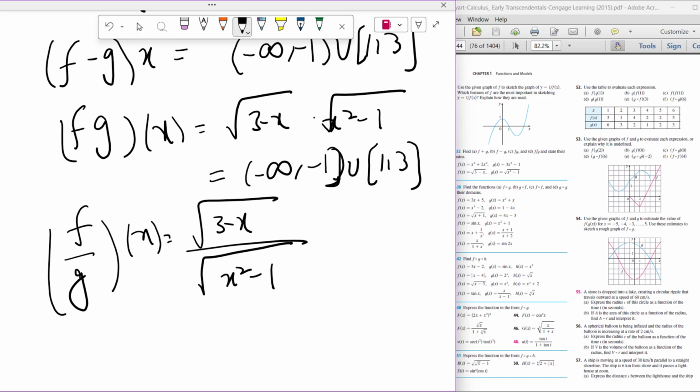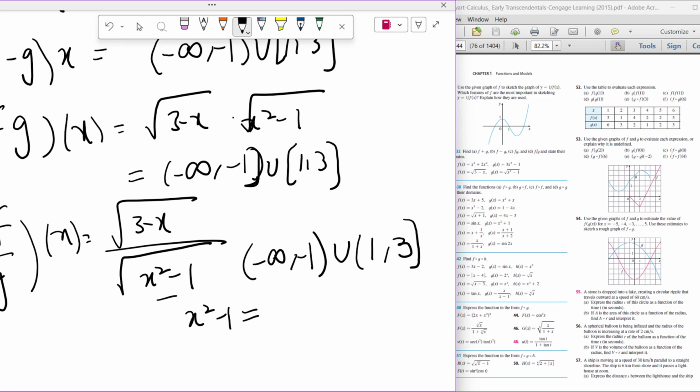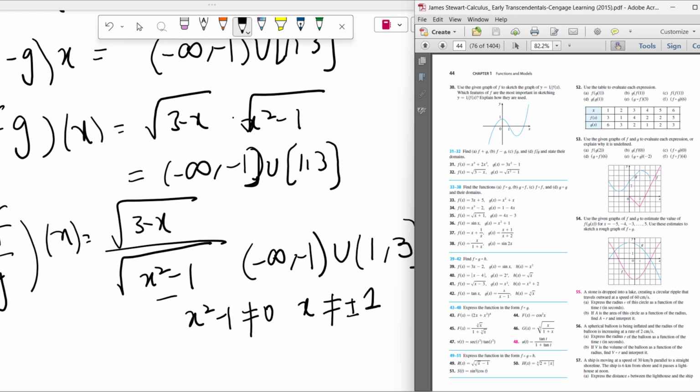The domain should not include minus 1 and 1. So the domain will be minus infinity to minus 1, now using the round bracket instead of the square bracket, and correspondingly 1 up to 3. Because x squared minus 1 should not be equal to 0, so x should not be equal to plus or minus 1. That's why instead of a square bracket, I have used the round bracket.